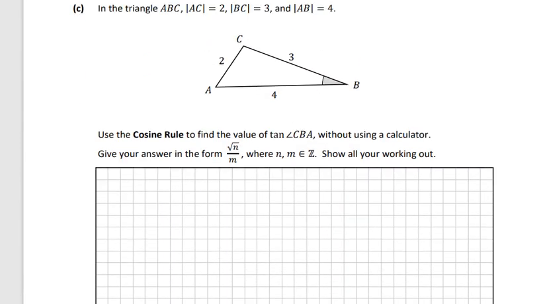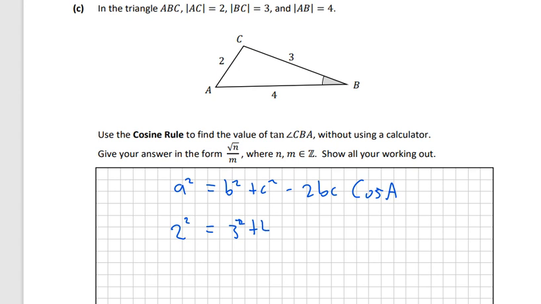I have to use cosine rule here. So I'll just write down cosine rule anyway. If we fill in, the 2 is the furthest thing away from the angle.